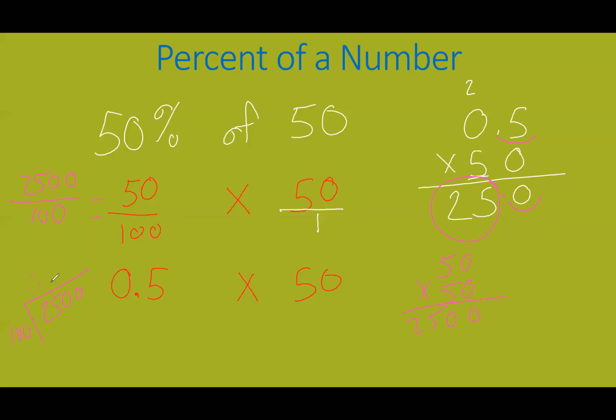Goes into 25, nope. Goes into 250, yep. It'll be 200. And when I subtract, I've got 50. Bring it down, and then it's 5. So I can do that long division, or I could say canceling, canceling, and it becomes 25 over 1, which is 25. Or you could remember, boys and girls, 50% means half.